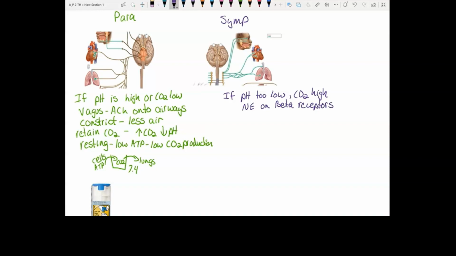And that is going to cause the smooth muscle to dilate or to relax, and your airways will dilate. So now you will get more air with each breath, and you will lose that carbon dioxide. So now your carbon dioxide will come down. You will reduce your carbon dioxide, which will raise your pH, and you will come back to homeostasis.